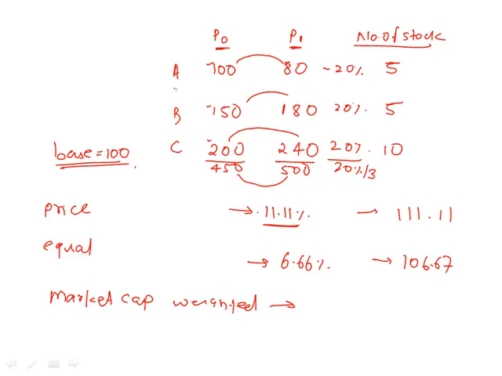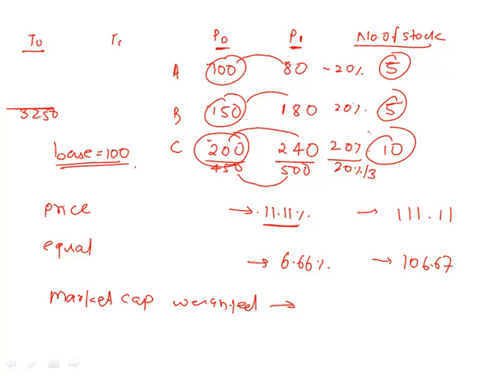In case of market cap, we'll have to calculate market cap at time 0 and market cap at time 1. 100 into 5, 500. This is 750, so 1250. And this is 2000, so this is 3250.